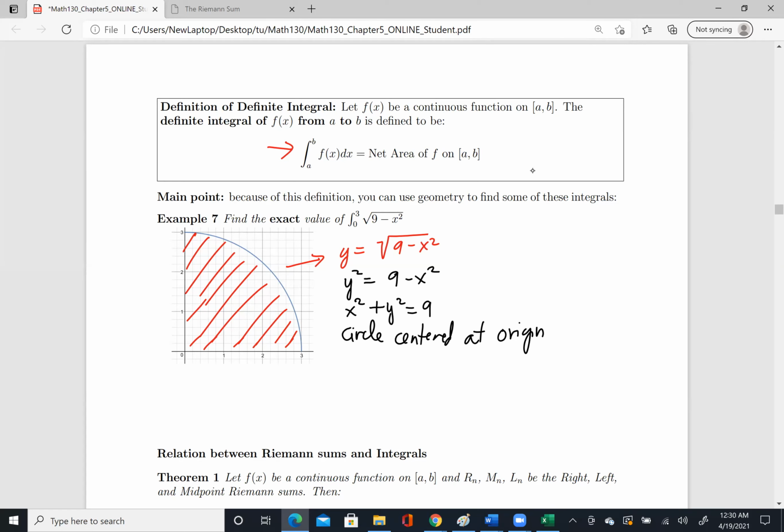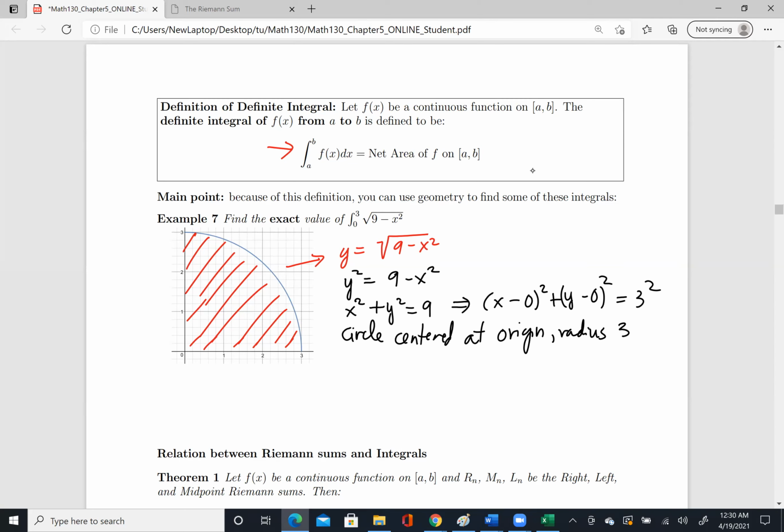So the circle is centered at the origin with radius 3. If you convert this to the general form, you can see it clearly as x minus 0 squared plus y minus 0 squared equals 3 squared. That tells you the circle is centered at the origin, and the radius is 3.